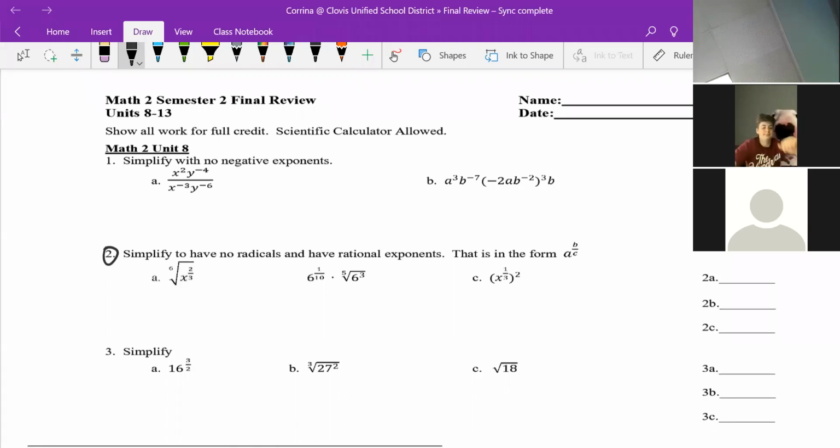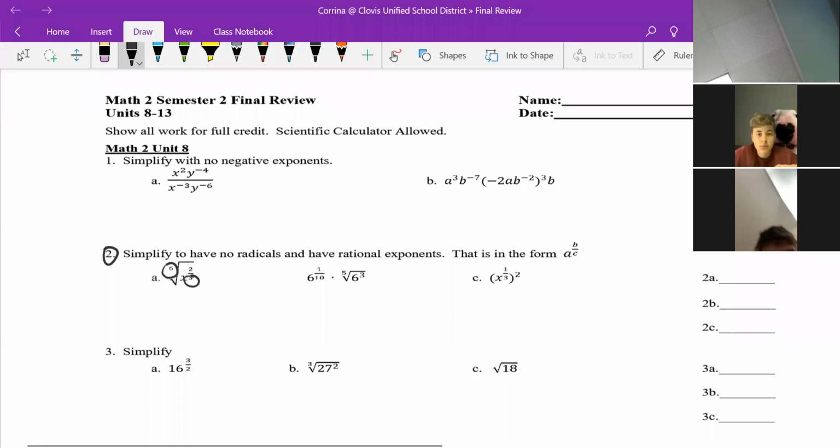Which way would you like me to explain? Shortcut. The shortcut way was you take this number and the denominator and you multiply them together, and that's it. So x to the 2 over, what is 6 times 3? 18. 18, and then you just reduce, so it's x to what power? The 9th.